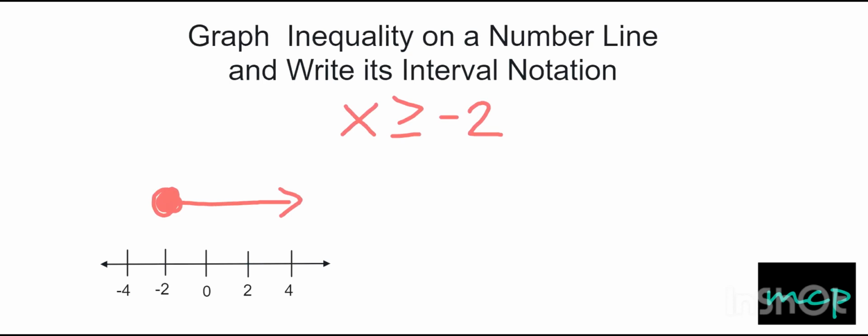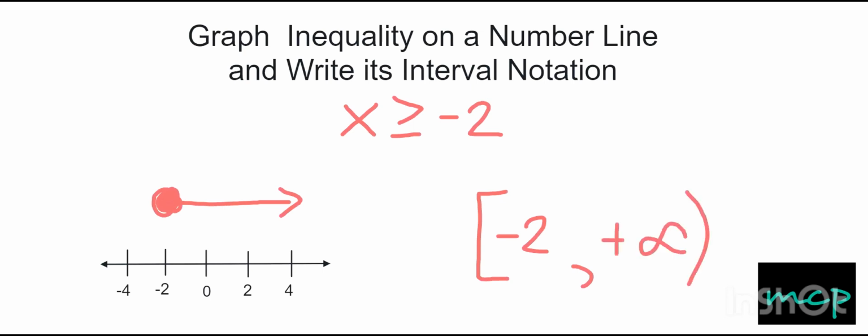Again, we have to start with a smaller value, which is the -2, but then that is included, so we have to use a bracket, and then that is to the positive infinity. So that is the graph and the interval notation of x greater than or equal to -2.